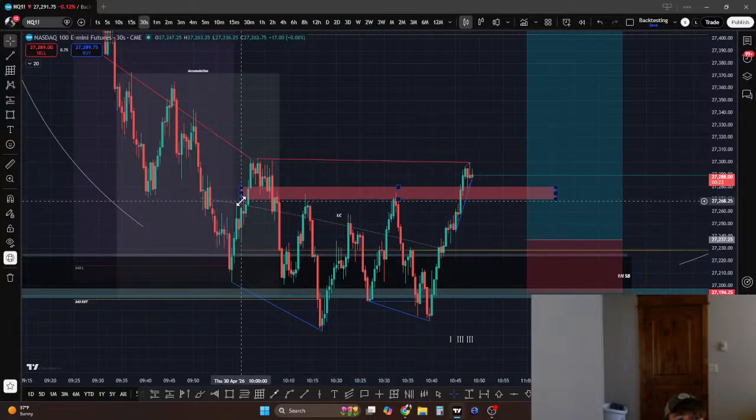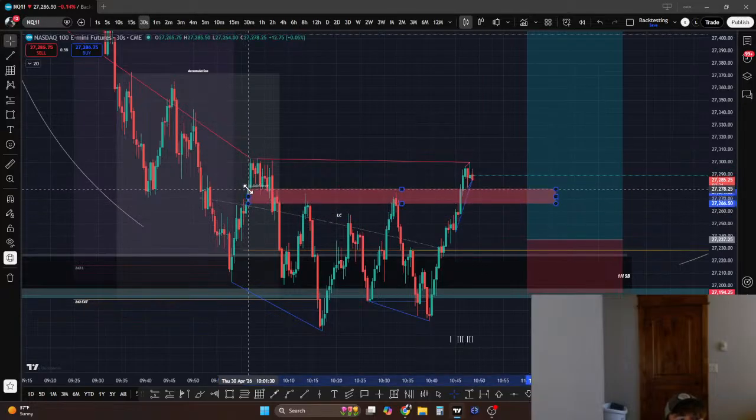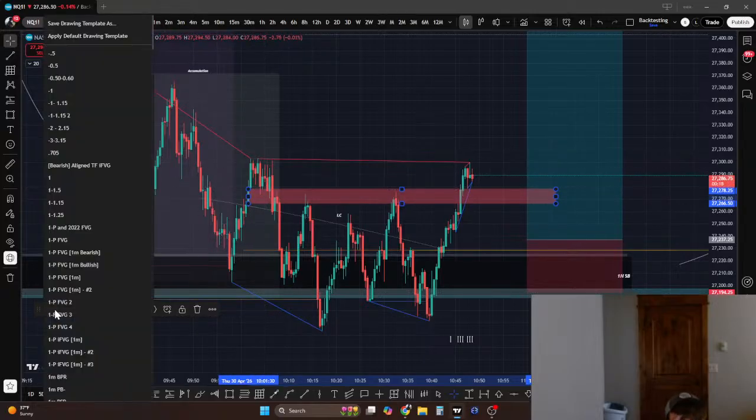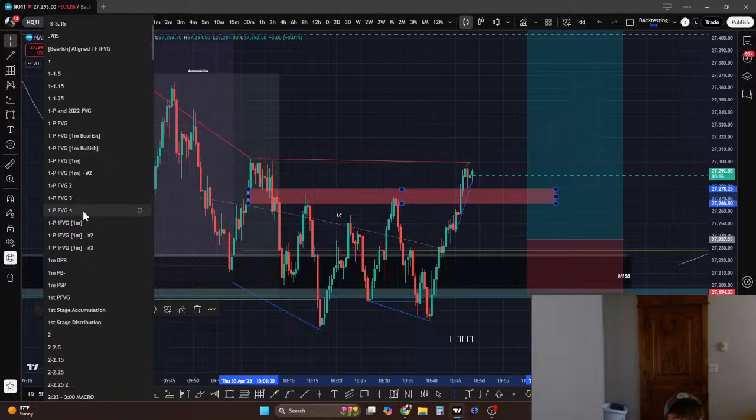We have this Reaper gap, so it's actually all good. This Reaper gap is good.